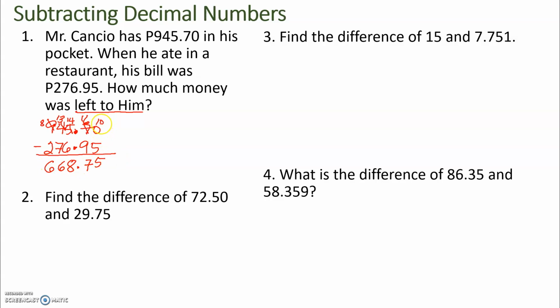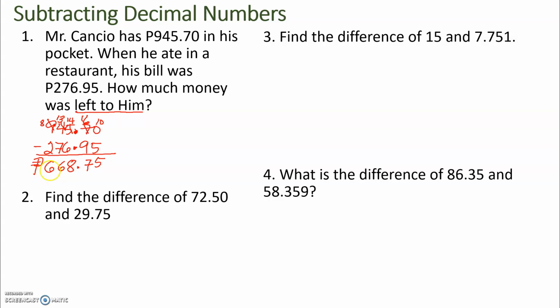Okay, so again, review. 10 minus 5 equals 5. 16 minus 9 equals 7. 14 minus 6 equals 8. 13 minus 7 equals 6. 8 minus 2 equals 6. Okay, this is correct. So this is now our answer. What is left to Mr. Cancio is 668 pesos and 75 centavos.